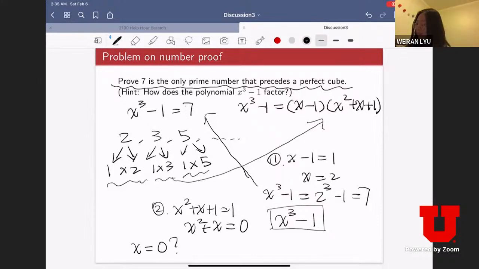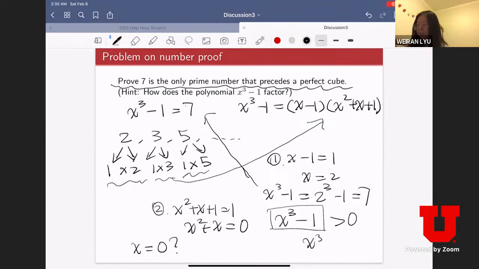Yep, exactly. So that basically implies that the x cubed minus 1 term has to be greater than 0, or in other words, at least 2. But greater than 0 is all we need.